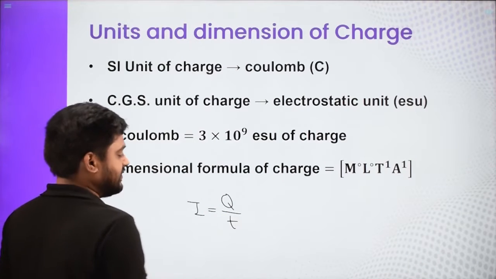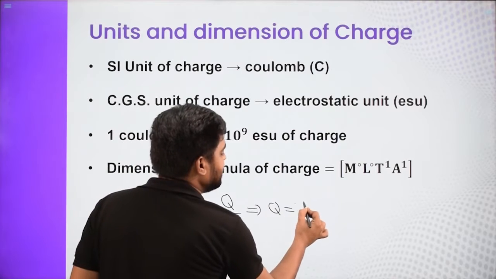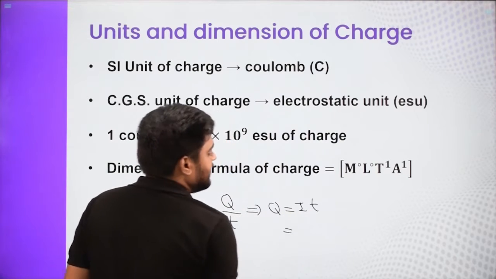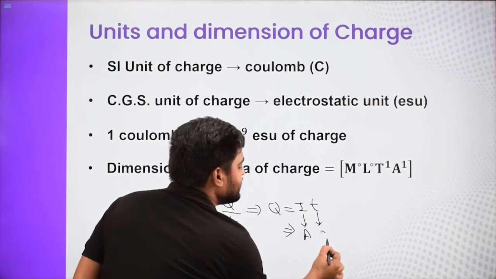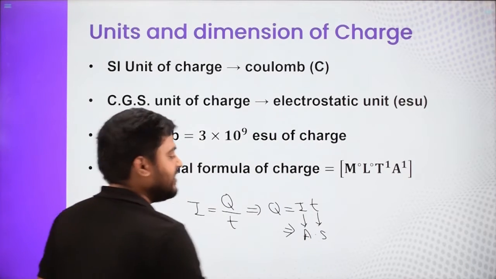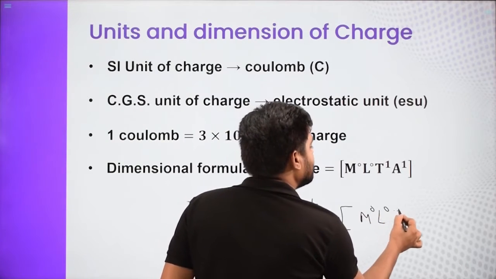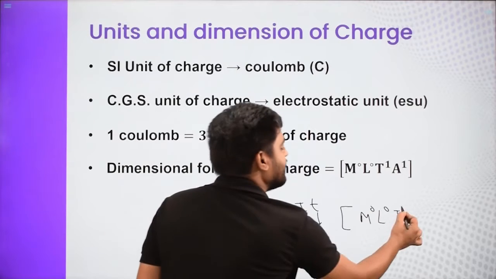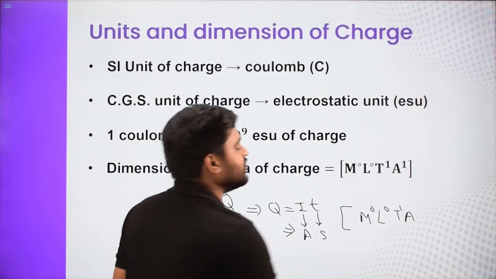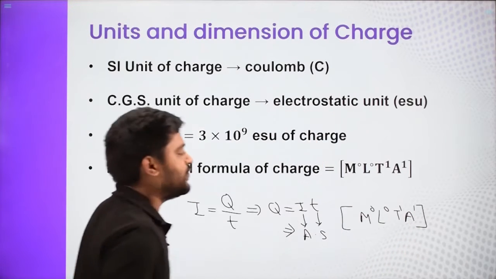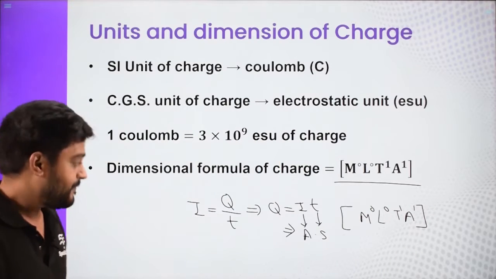So charge is basically I times T, with I in ampere and T in second, so it is ampere times second. In dimensions, there is no mass, no length, time is raised to 1 since second is involved, and ampere is also a fundamental unit, so A is raised to 1. This is the dimensional formula of charge.